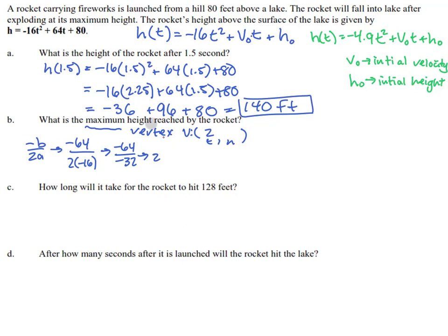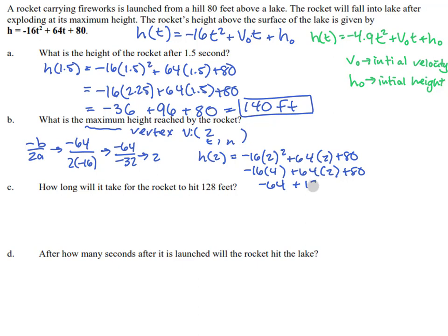We need to now find that height by plugging 2 into our function. So let's find h of 2: negative 16 times 2 squared plus 64 times 2 plus 80. Again, exponent first, so this becomes 4. Multiplying here, we get negative 64, positive 128, plus 80.